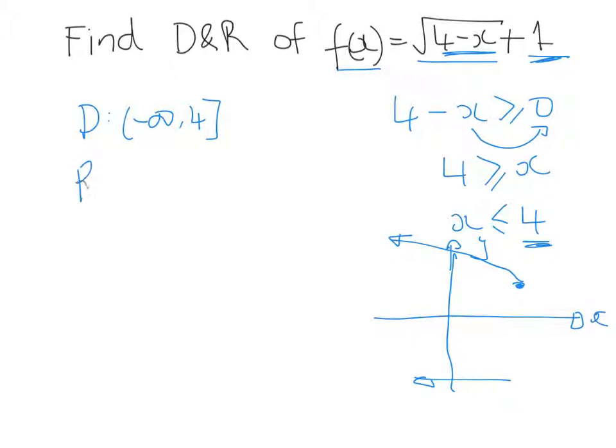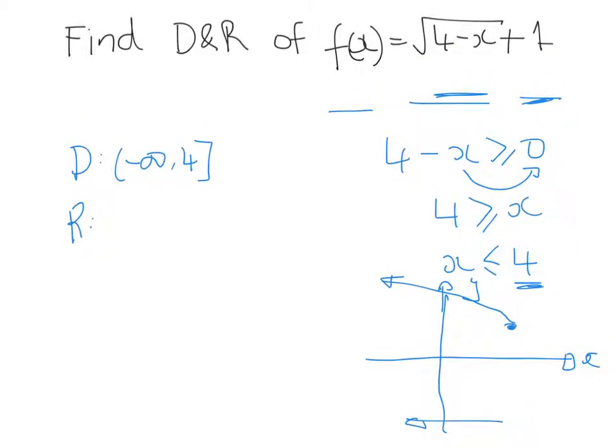So I could say the range is from, let's see, -infinity, oops, my mistake, the range is going from 1 up to infinity, so we need from 1 up to infinity, and that would be the range. Alrighty, let's try the next one.